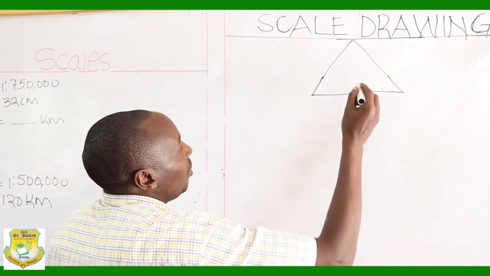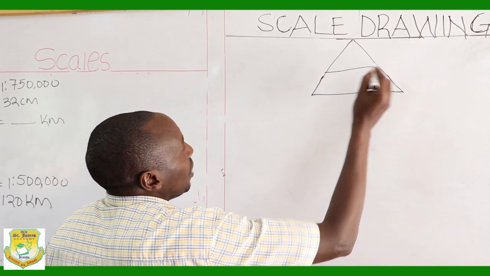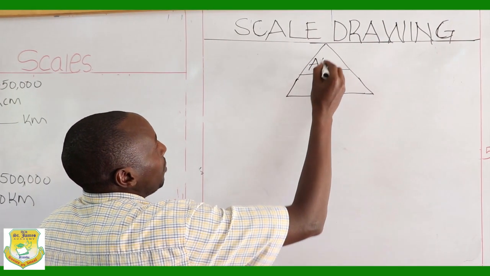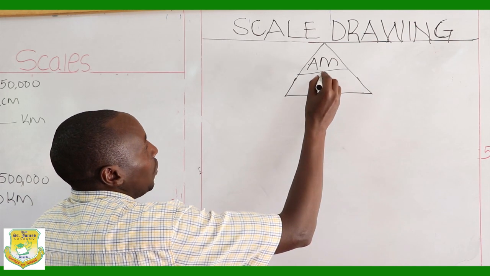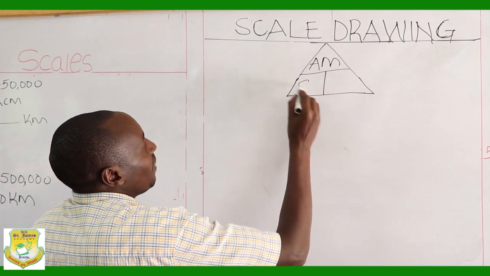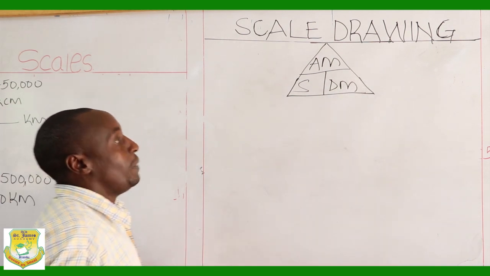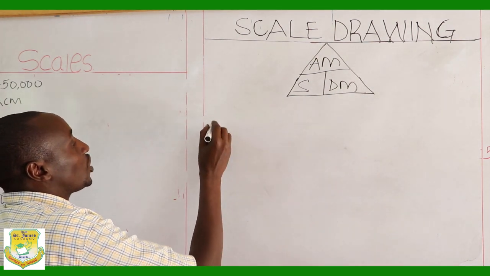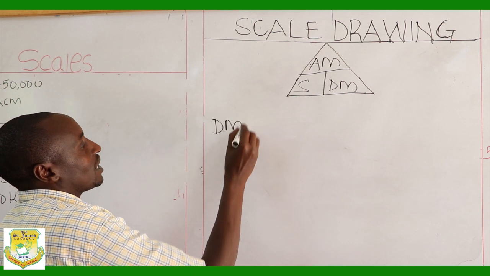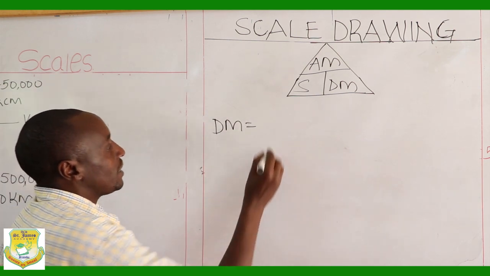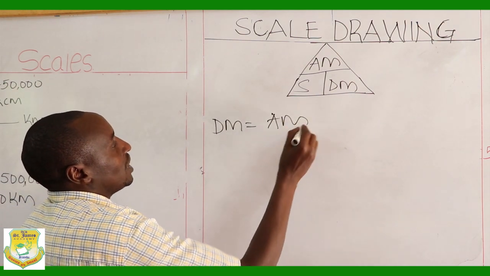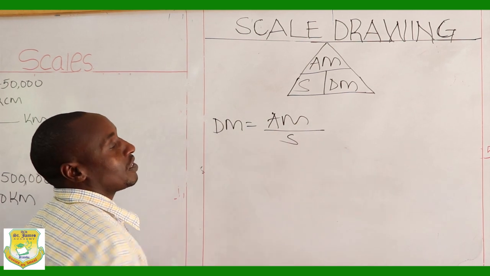Here we have AM, actual measurement. Here we have the scale, and here we have the drawing measurement. In our question, we are asked for the drawing measurement. Drawing measurement is actual measurement divided by the scale.